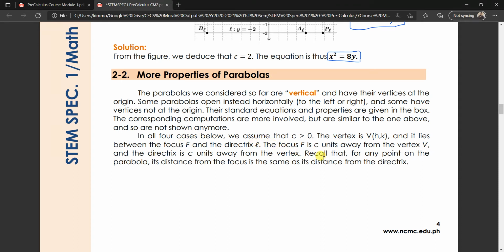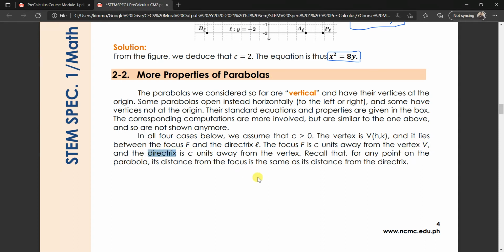The focus F is c units away from our vertex V. So the distance between our vertex V going to our focus F is c units. That c that you see in your standard equation is the distance from the vertex going to the focus, or the distance from our vertex going to our directrix.